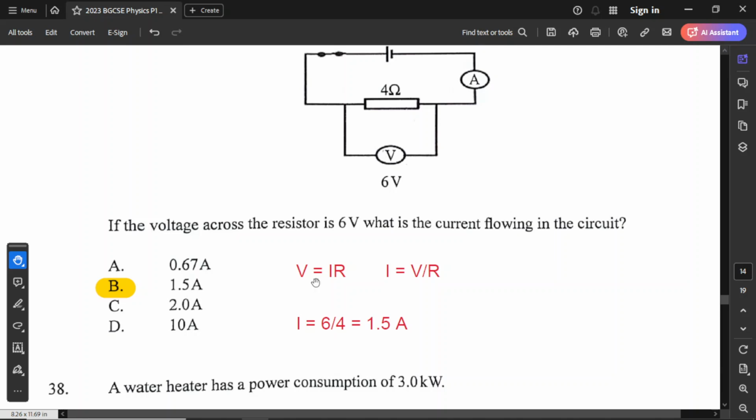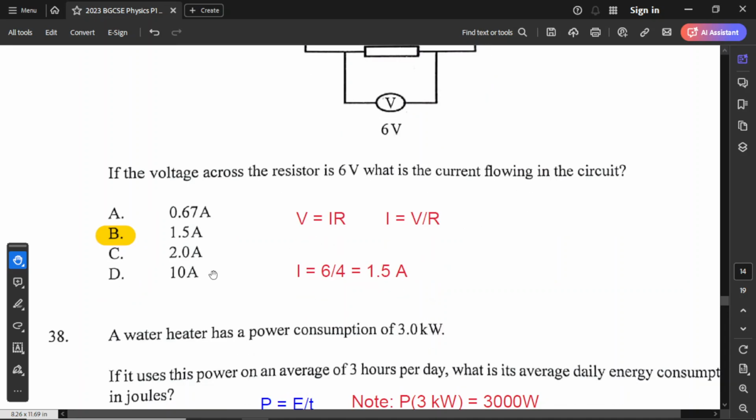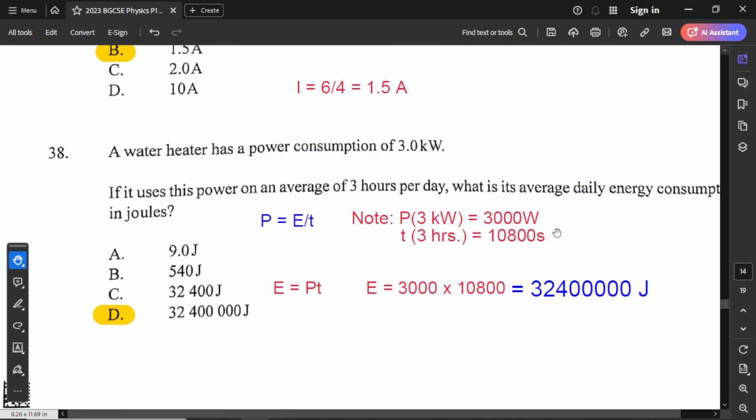We know that V is equal to I times R, so voltage is equal to current times resistance. Therefore current, which is I, equals V divided by R, so I is equal to 6 volts divided by 4 ohms, which equals 1.5 amperes. All right, so therefore B is the correct answer.